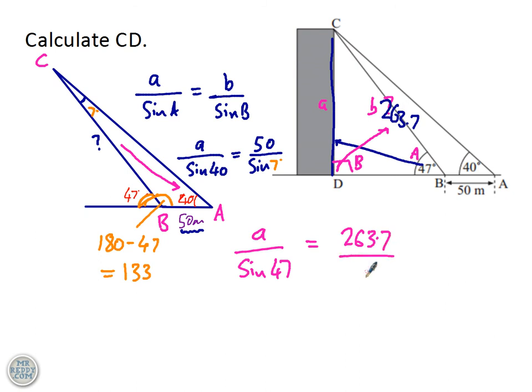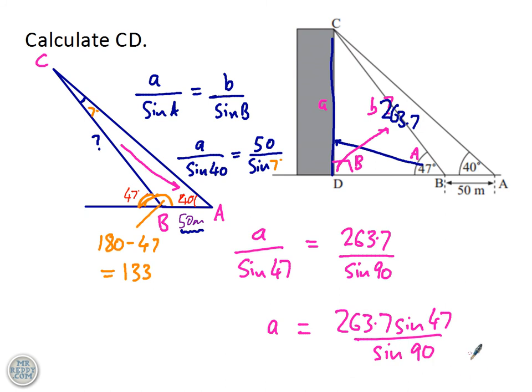263.7 divided by sine 90. And now rearrange that and you get A equals 263.7 times sine 47 all over sine 90. And let's put that into the calculator.